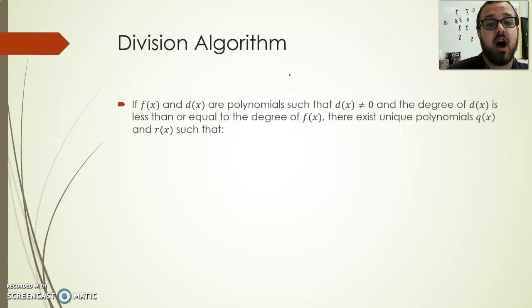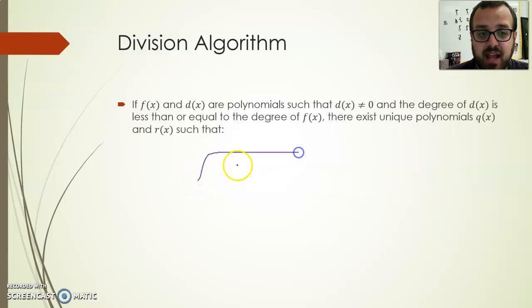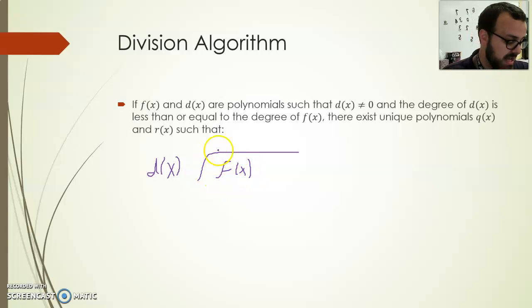Basically, it's a way for us to take this division and rewrite everything with this division. So, for example, if I am doing a long division problem, where I'm saying, hey, I'm doing f of x, and I am dividing it by d of x, aka the divisor. Okay, so this would be f of x would be my dividend, d of x would be my divisor, okay?